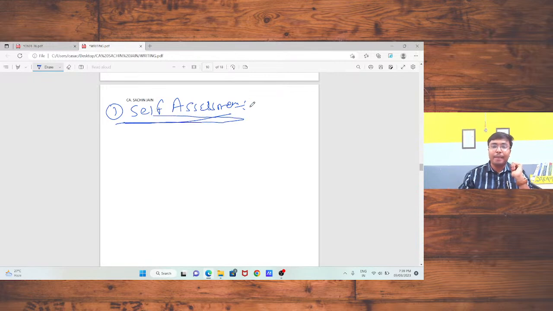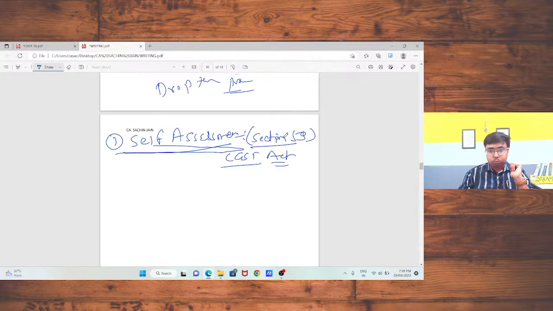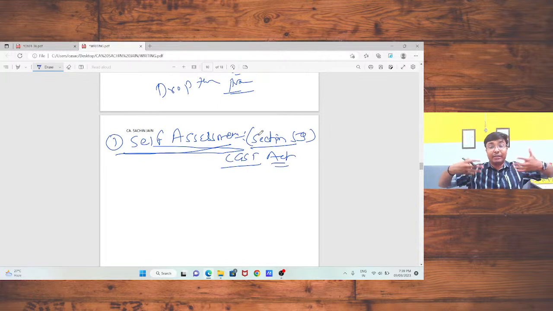Next, self assessment. Self assessment is covered under section 59 of the CGST Act. Sir, what do we mean by self assessment? When someone is going to file their GSTR 3B return, that is when someone is going to pay the taxes, when someone is going to analyze their output liability and take the input tax credit on a self basis, in that case we can say that the person has done the self assessment.